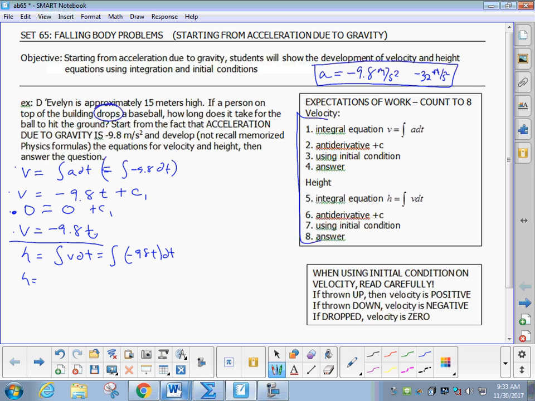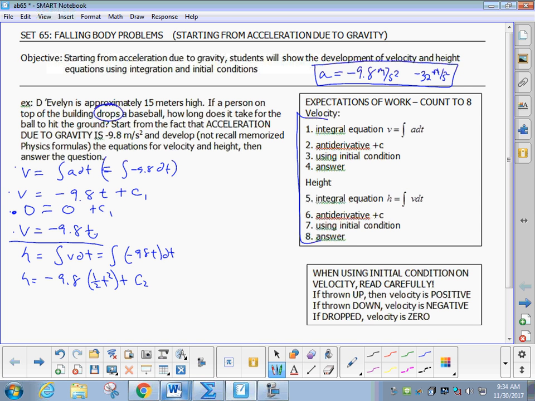What's the antiderivative of t? 1/2 t squared. Now, if you combine that negative 9.8 and the 1/2 t squared, that'll become negative 4.9 t squared. Okay. We also get a new constant of integration. Do you agree? All right.